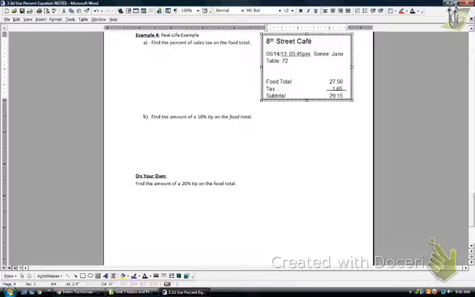All right, so it says find the percent of sales tax on the food total. I'm going to start with my equation. Part equals percent times whole. Percent is what I'm trying to find, so I know that's going to be my X. My part would be my tax, and then the whole is the food total, so 27.50.